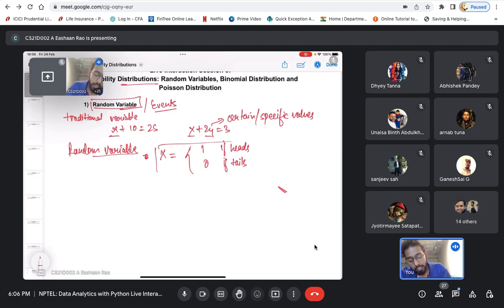Mathematically, X is a random variable, and it's mostly written in capital letters; there are certain notations people follow. If you observe, in a random variable setting X can take both 0 and 1 values based on a certain condition. So it's a kind of mapping that is happening.